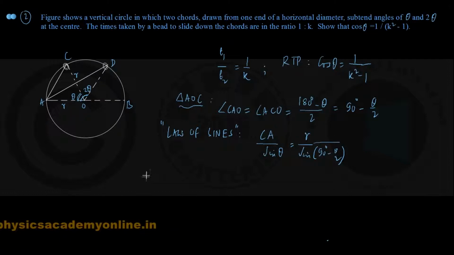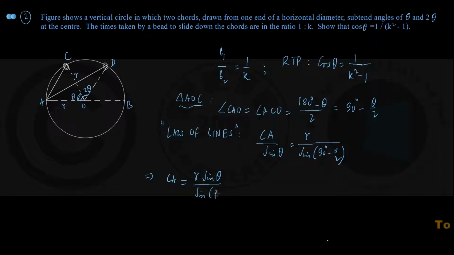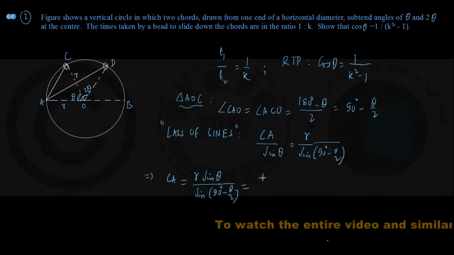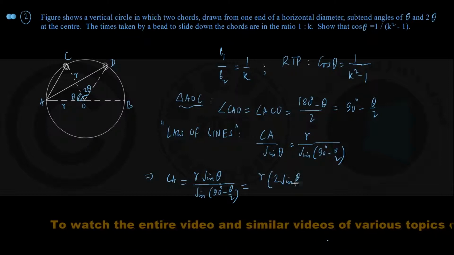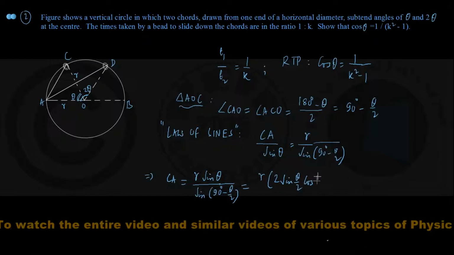Once we get this, from here we can get the length of the chord CA in terms of the radius of circle, that is r into sine theta divided by sine of 90 degree minus theta by 2. But then I can write this sine theta as 2 sine theta by 2 into cos theta by 2.